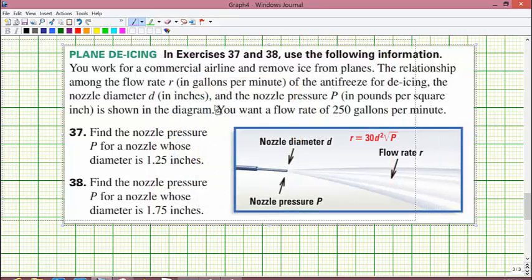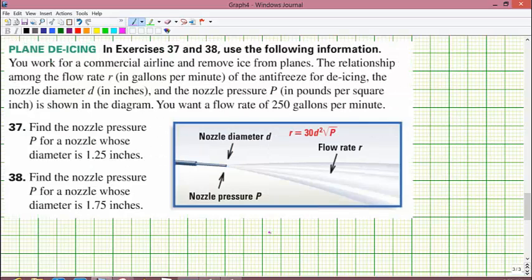Okay, there's the problem. It's related to nozzle diameters and pressures. Okay, so they give us an equation which relates the flow rate of the antifreeze, the nozzle diameter, and the nozzle pressure.